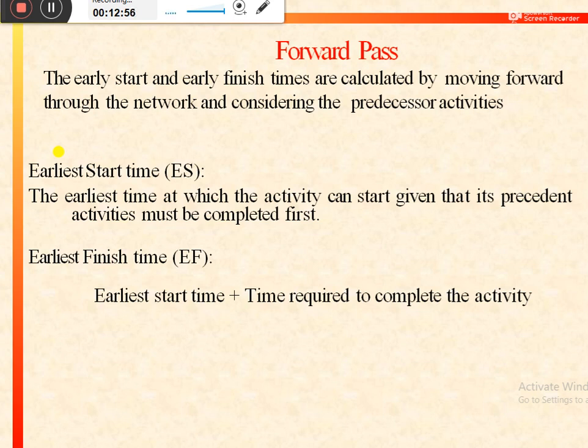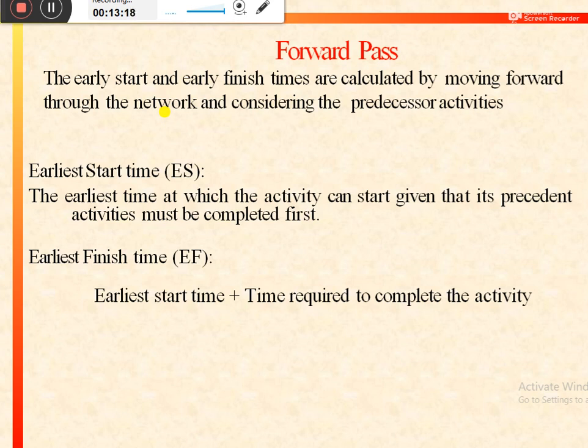So the forward pass is followed to calculate the early start and early finish, or earliest start and earliest finish times for different activities of the network. So here we need to understand the concepts of earliest start times and earliest finish times.